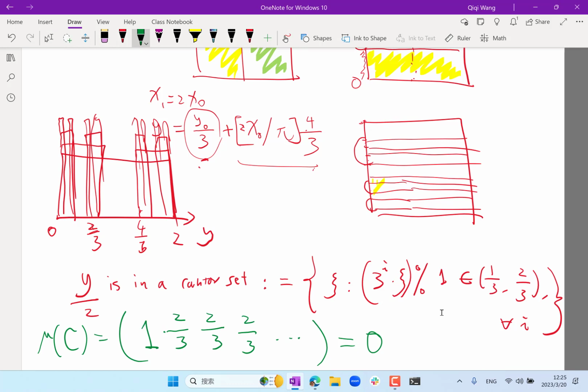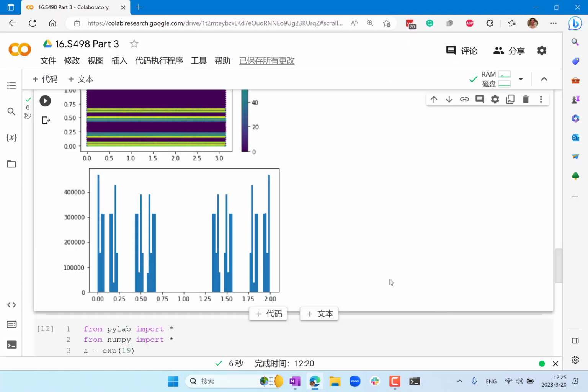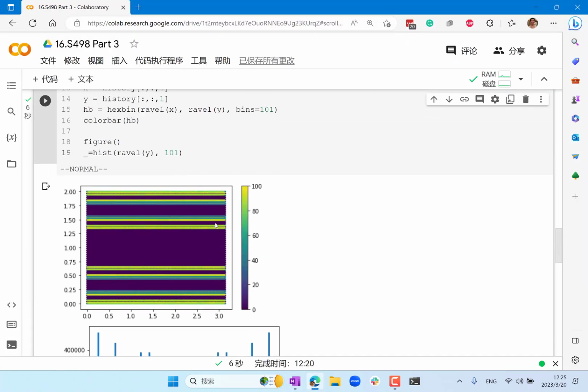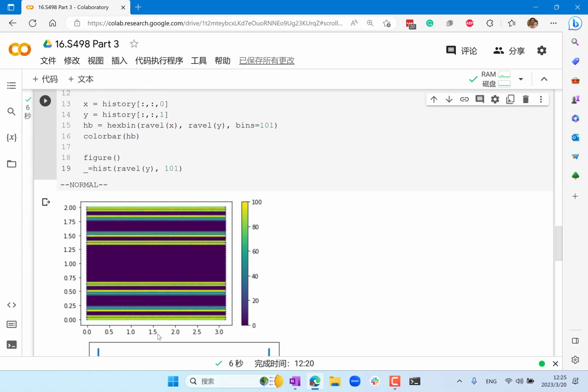We are essentially distributing the y-axis, right, in a set that has 0 measure. And as a result, the measure of the whole, we can call it the attractor, or the whole support of the ergodic measure, is actually equal to 0.